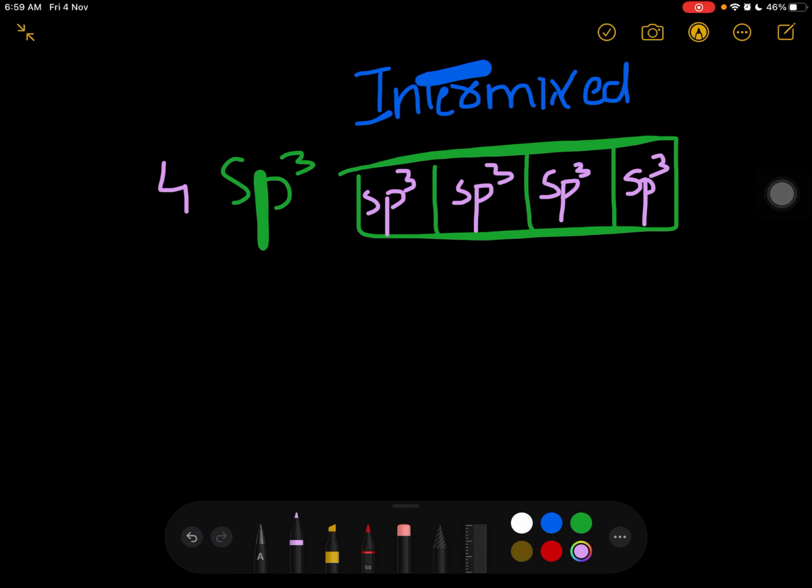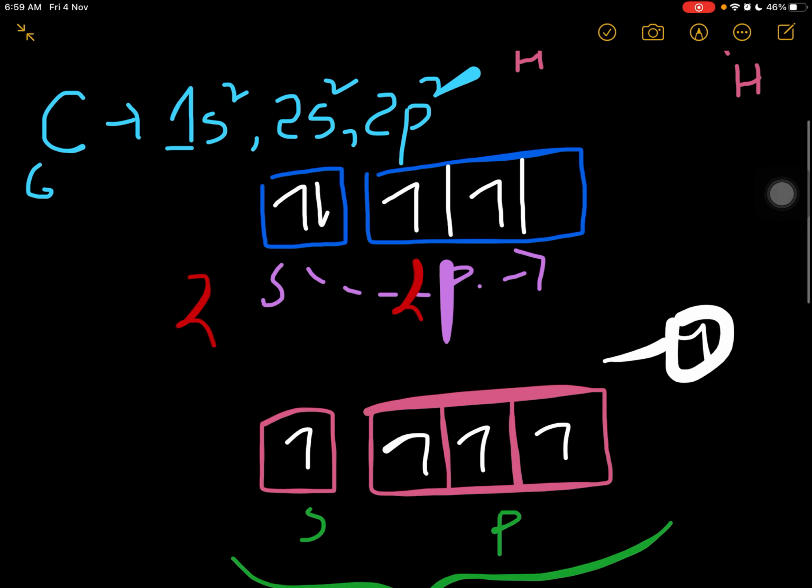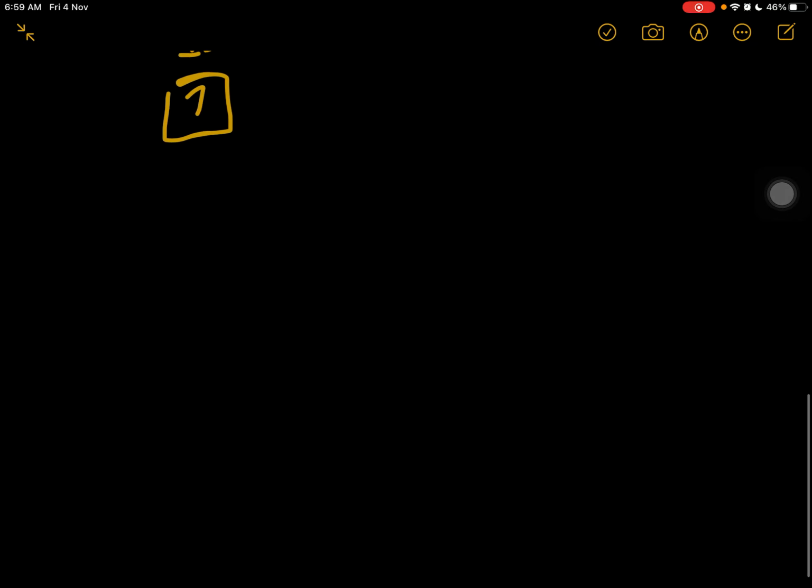Now the other atoms, we are having hydrogen, which will be 1s1. So now let's make the structure of this.